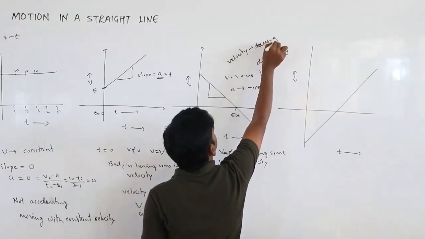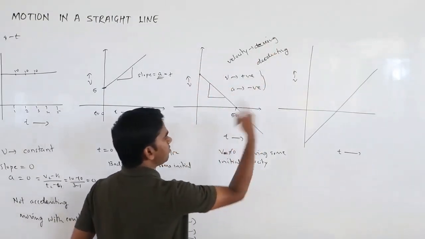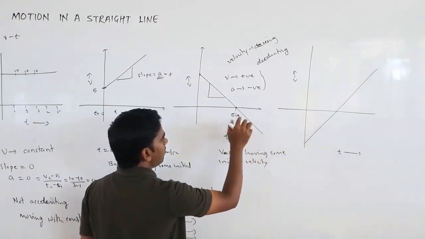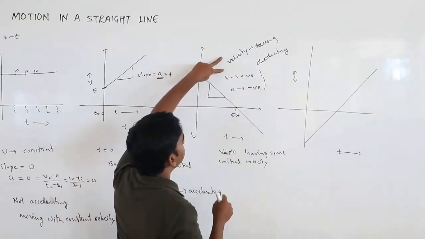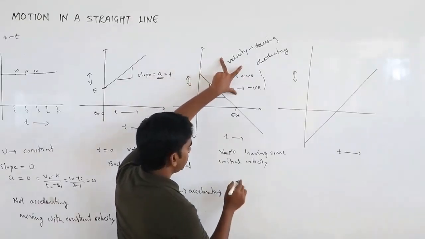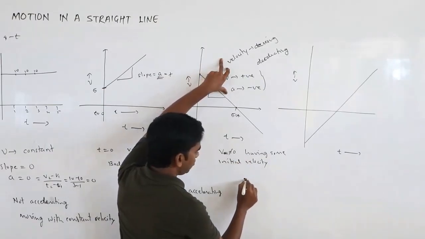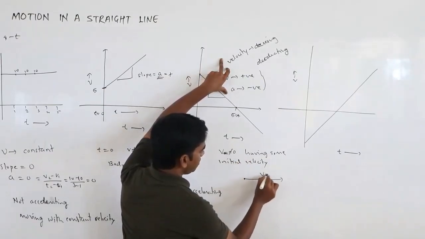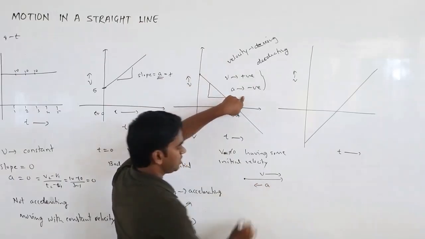Now what will happen after 5 seconds? If I write the direction of velocity and acceleration, it is moving here. Velocity is obviously positive, but acceleration is in the opposite direction.